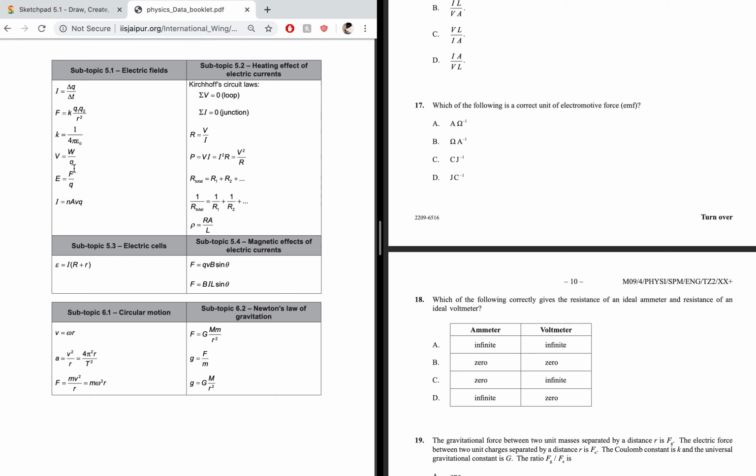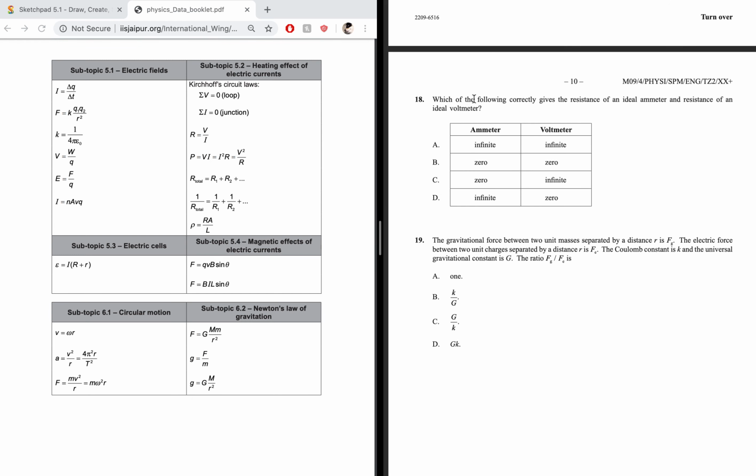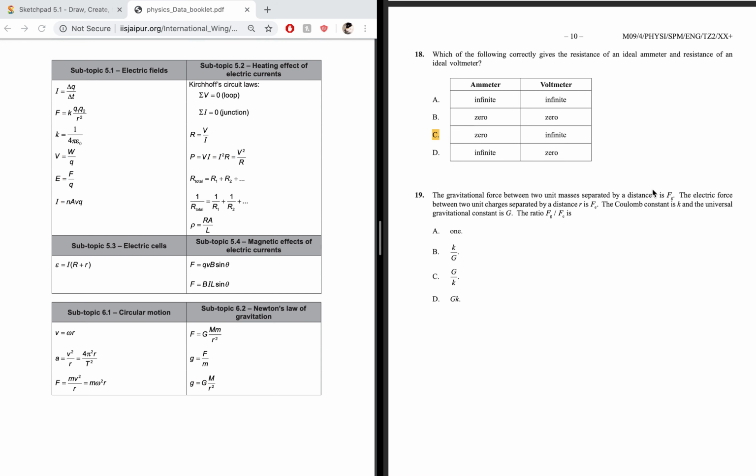So it's going to be this answer right here, joules per coulomb. Okay, next question. Which of the following correctly gives the resistance of an ideal ammeter and the resistance of an ideal voltmeter? We have to remember this. The ammeter would be 0, the voltmeter would be infinite.